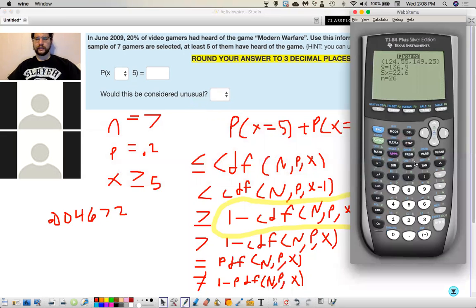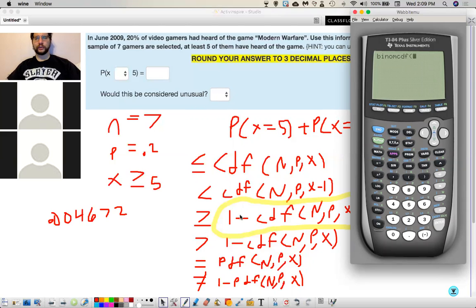TI users, exact same thing. Second vars, that's where your distributions are. I'm gonna go up because I know it's kind of down there. It's a letter B if you want to do it that way. And I'm just gonna put random stuff so you can see. So if you do it, this is what's gonna pop up for you. It's always N, P, X for the TI.